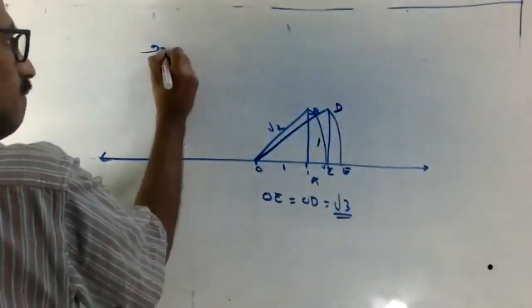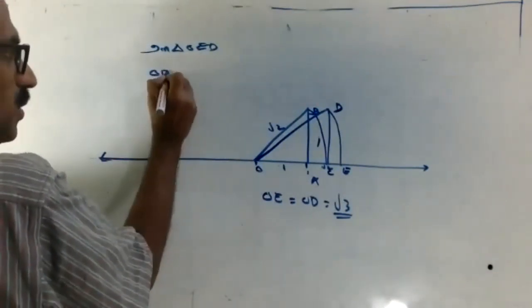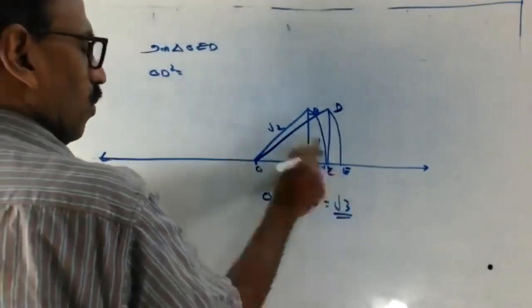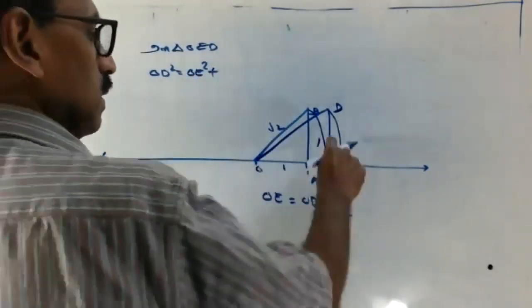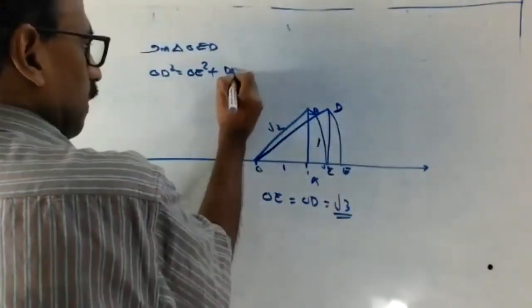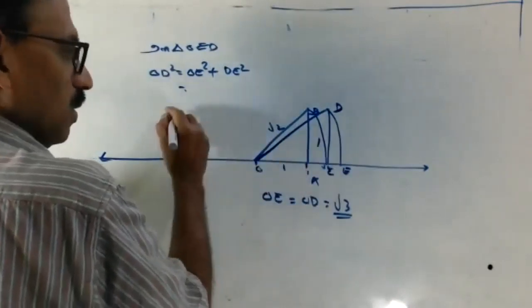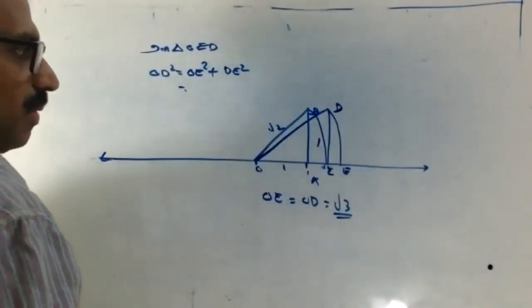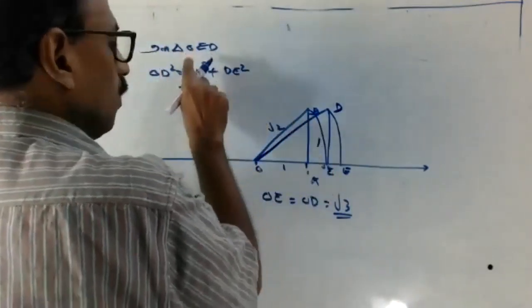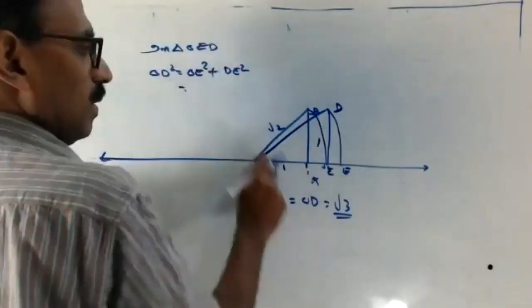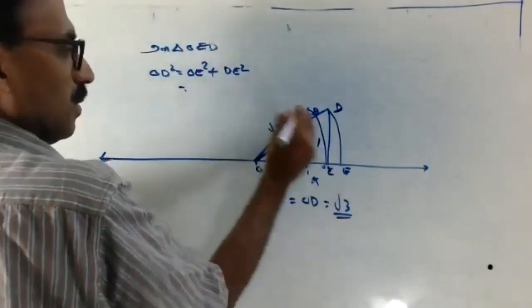In triangle OED, OD square equal to OE square plus DE square.